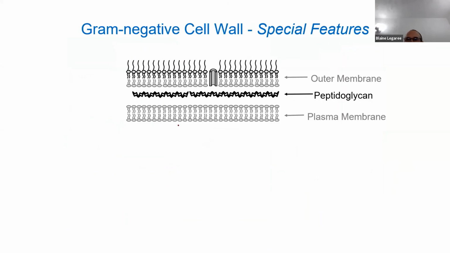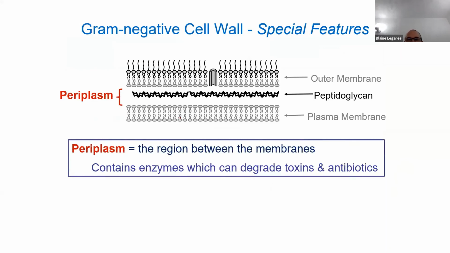So I want to point out a couple of special features about the gram-negative cell wall. So there it is. Like I said, think of it as kind of a cell wall sandwich. You've got two membranes, and there's two things I want to point out. One is this area called the periplasm. So we have our cytoplasm, and now we have a tiny space just between the two membranes, and it actually contains enzymes.